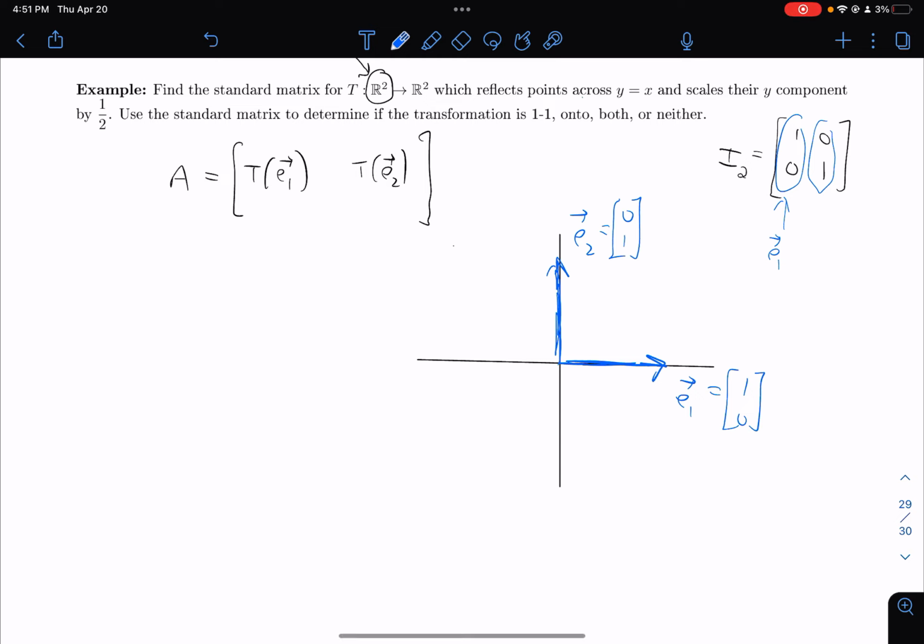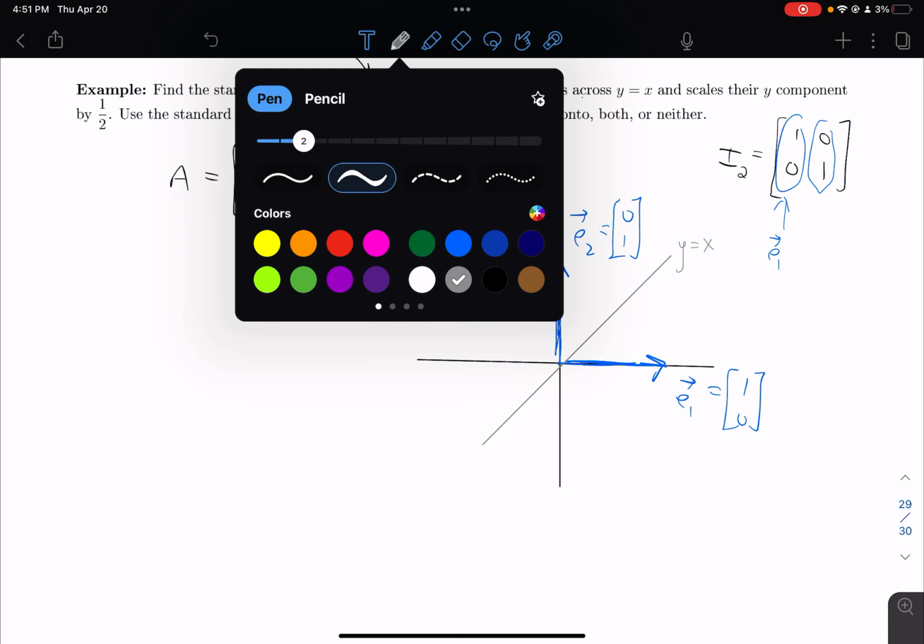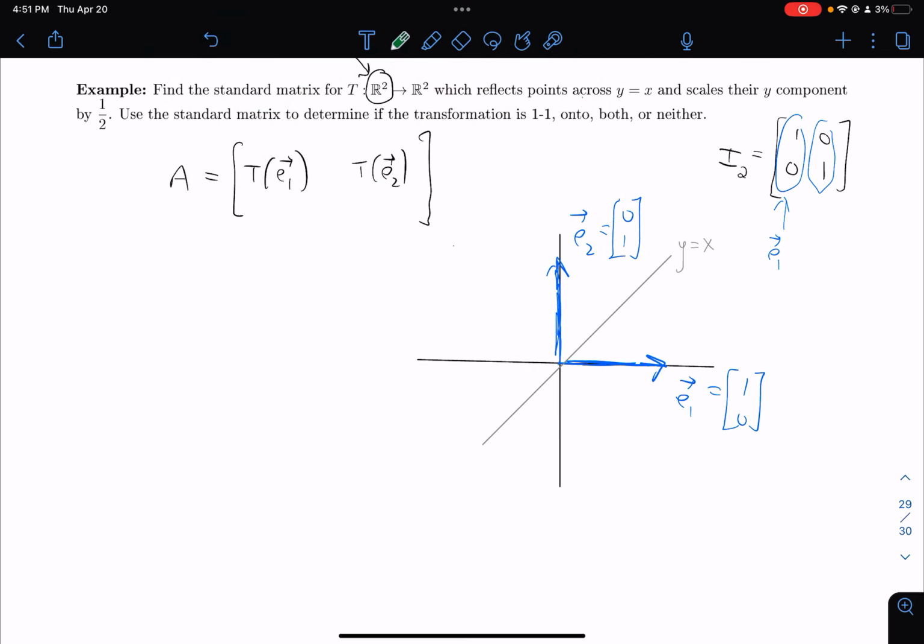And now what's going to happen to these vectors is first, they get reflected across the line y equals x. So let's draw y equals x. With the vector E1, it's first going to get reflected. So this tip of it is going to get reflected to the other side of that diagonal line.